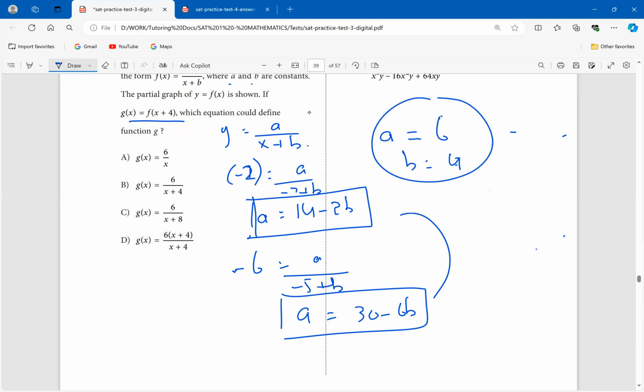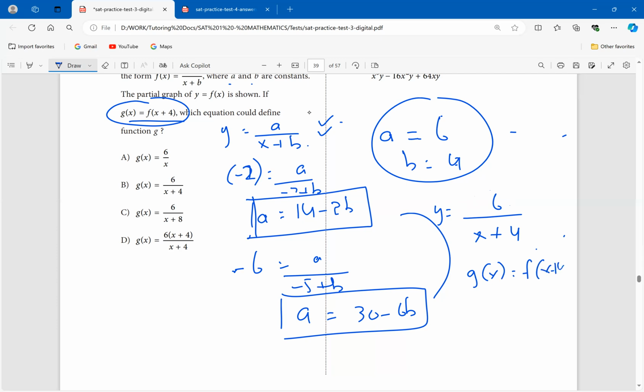Now, the original equation was f of x equals a over x plus b, which is y equals 6 over x plus 4. We have this equation now. Now they're saying that g of x equals f of x plus 4.